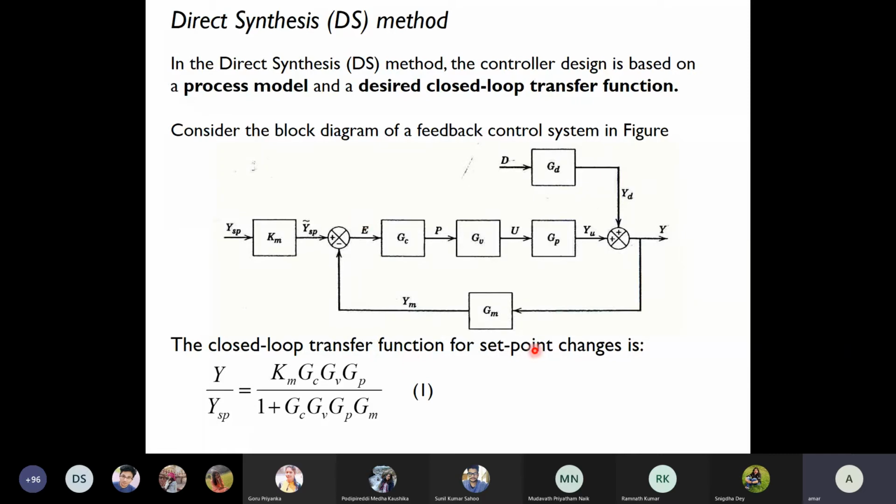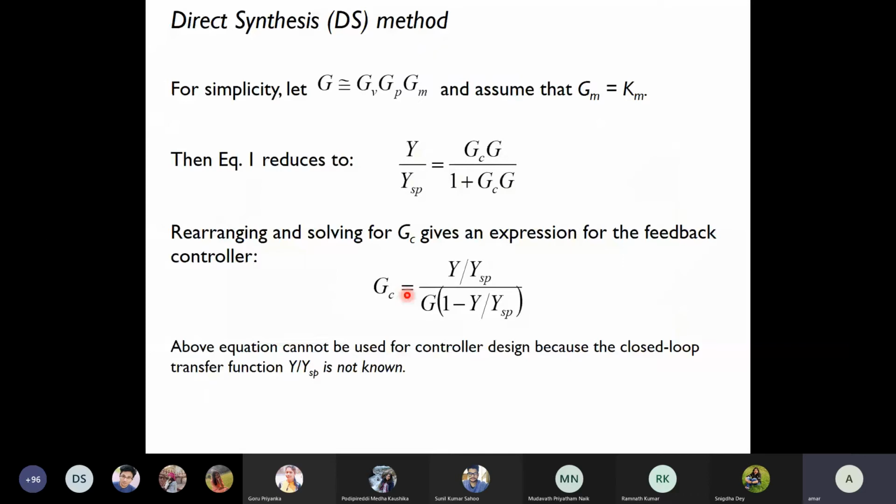If I simplify this, and take from P to Ym as G, then we can say that G is equal to GV, GP, GM, and assume that GM is equal to KM. Then that equation I can reduce to Y by YSP equals GC into G over 1 plus GC into G.